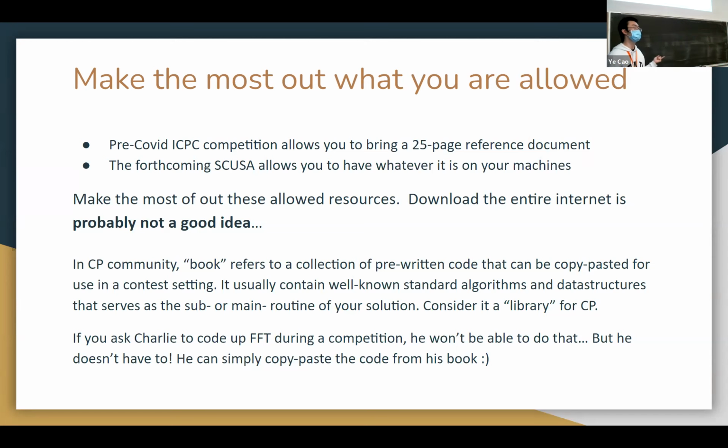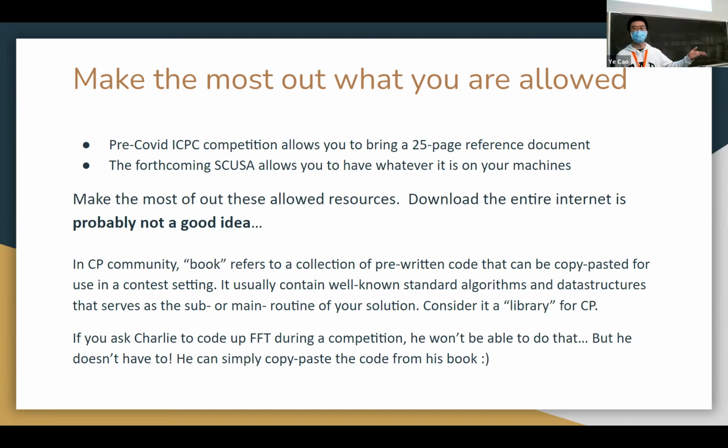So the question is, what should you have on your local machine? Well, the answer is the book, but what is the book? In the CP community, the book refers to a collection of pre-written code that serves as a standard library that is copy-pastable in a contest setting. Or if you are asked to bring it in paper form, then you can copy it onto your paper and type it out on your machine.